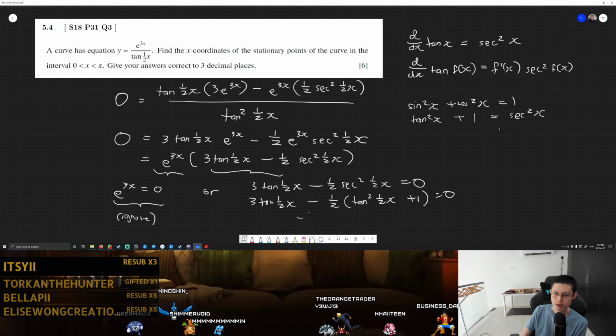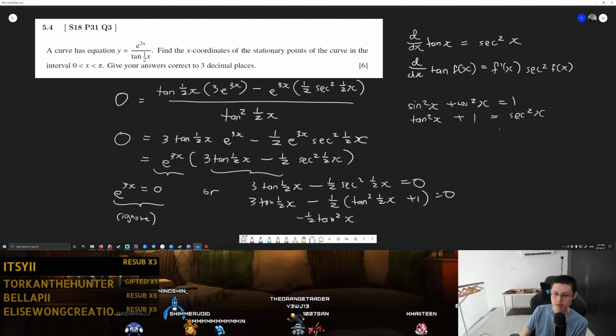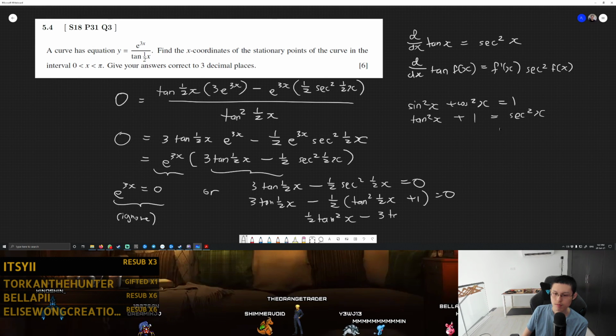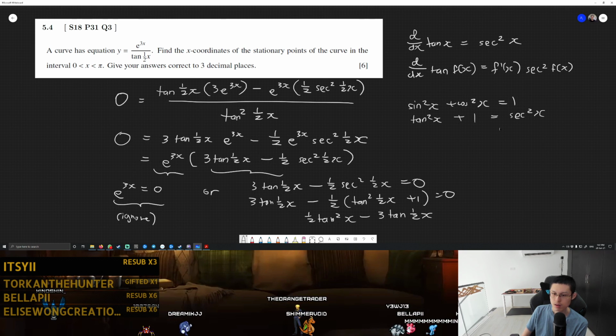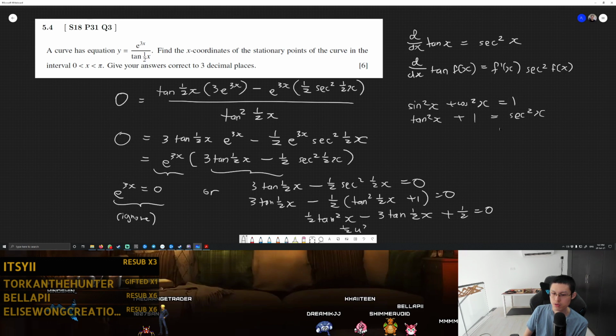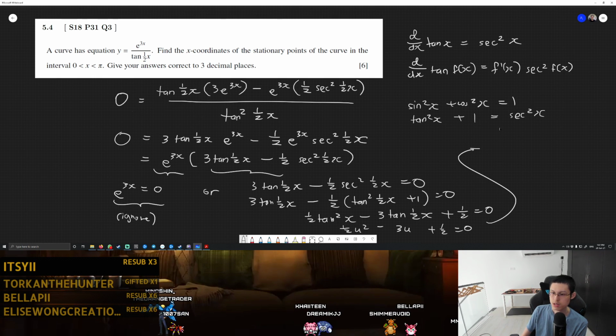Expand and simplify. And I get rid of the negative, actually. Now you can see we have 1/2 u squared minus 3u plus 1/2, which is a quadratic.